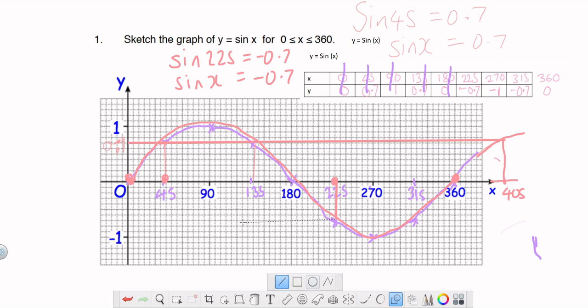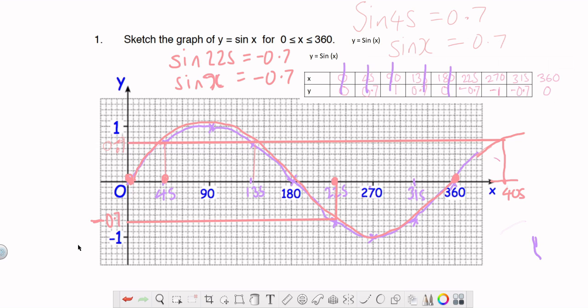So I would say that's minus 0.7. What other value of x am I trying to find here? What other value of x will give me minus 0.7?